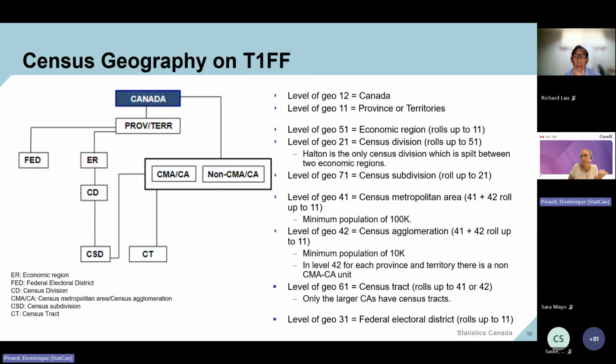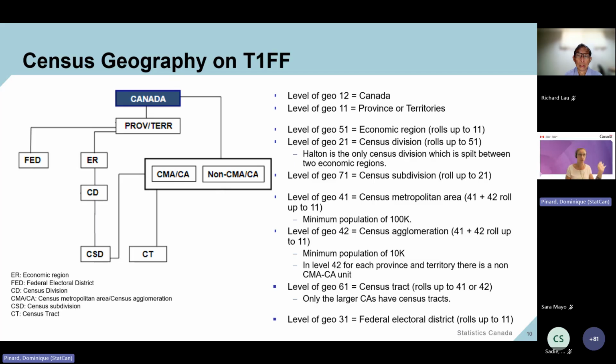But what I'm interested in on this slide is really more the left side. So the census geo is broken down into two main streams. The first one is on your left, and it's going to be focusing on the CMA-CA. And on TIFF, we include something that's non-CMA-CA at the provincial level.